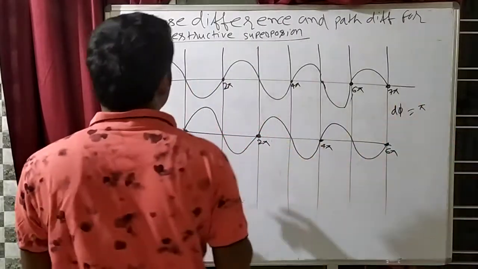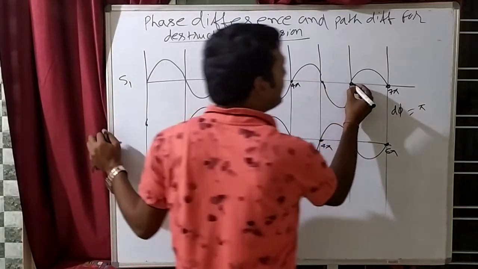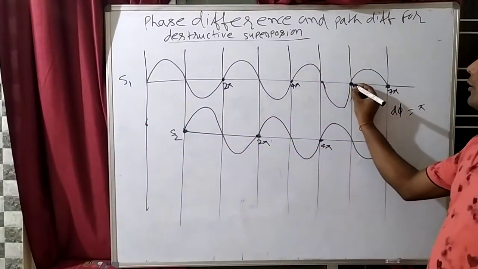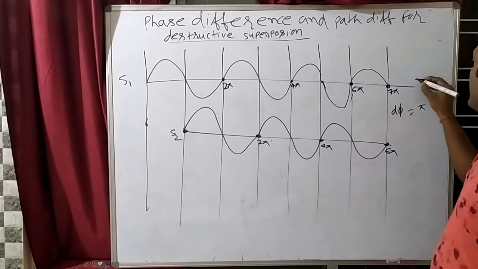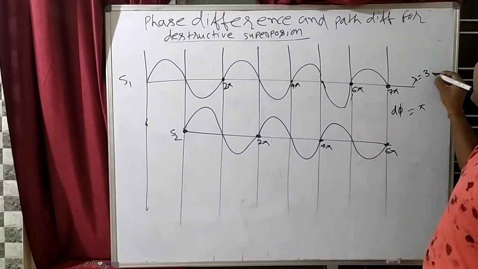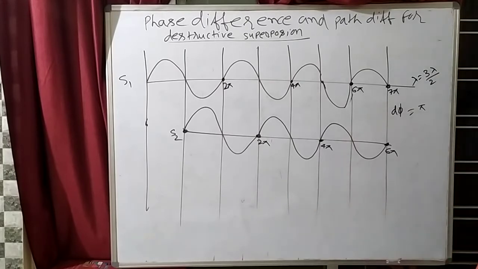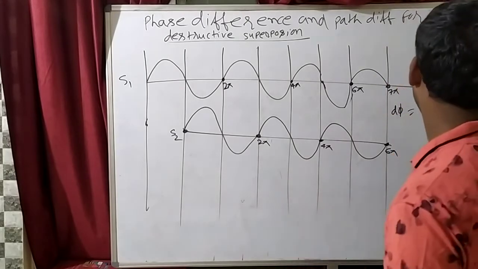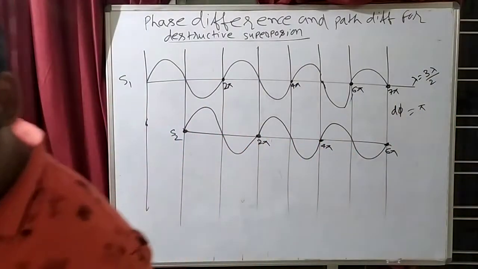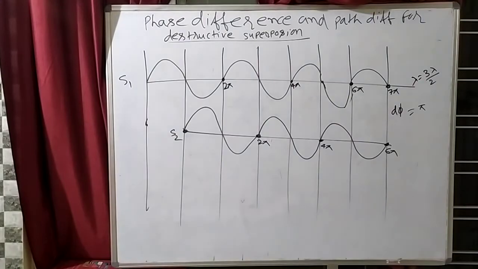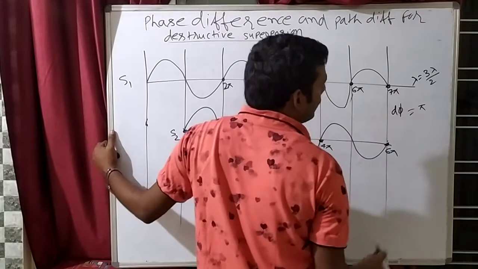What is the path difference? See here, lambda, 2 lambda, 3 lambda. And this is half now, so 3 and half lambda. That means 3 lambda by 2. Clear? Now count here, lambda, 2 lambda, 3 lambda.